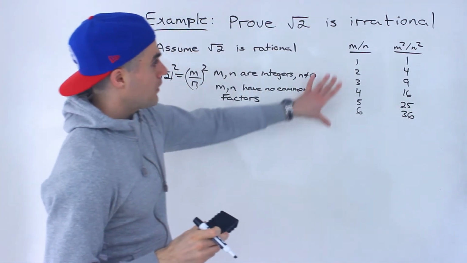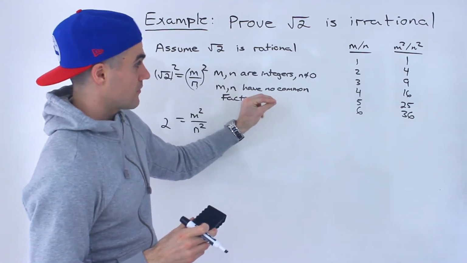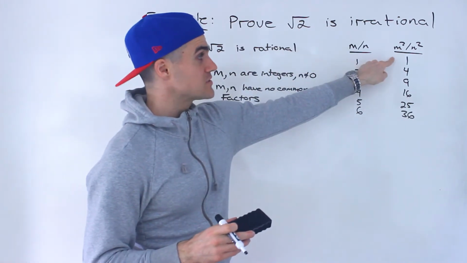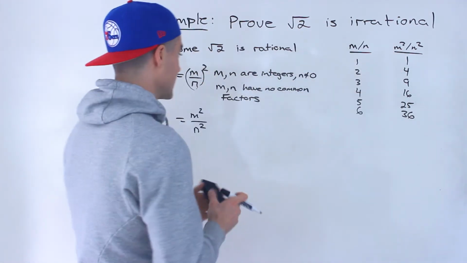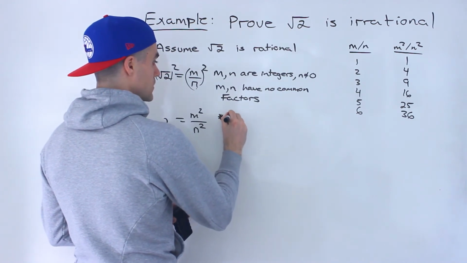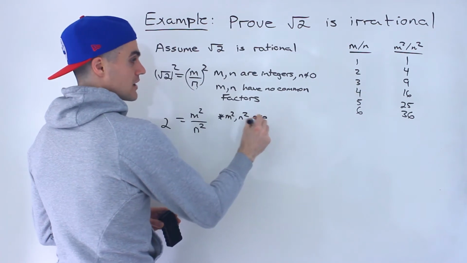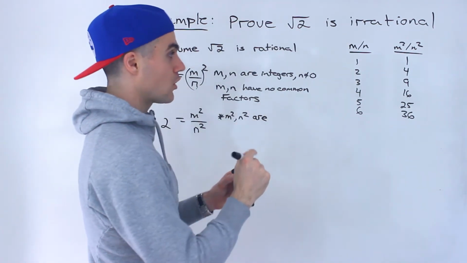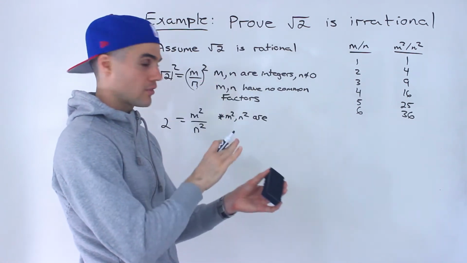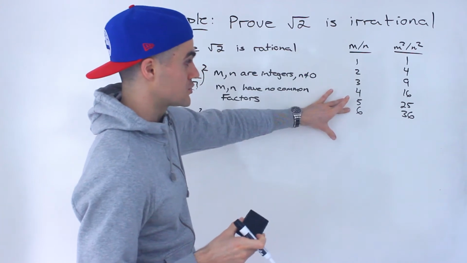And so the reason why I wanted to write this down is notice that if m and n are integers, as we've stated, then m squared or n squared are going to be integers as well. So I want to write that down over here. So m squared, n squared are integers. They're actually not just integers, they're also perfect square integers, meaning that when we square root them, these values will end up with an integer.